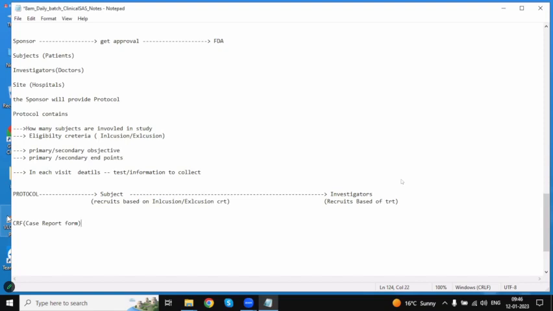Generally, if you go to any big hospital, immediately they'll give you one form to fill. What does it contain? Anyone observed?